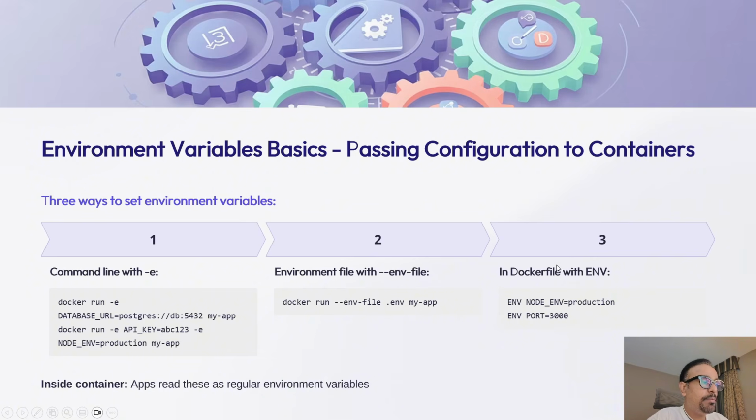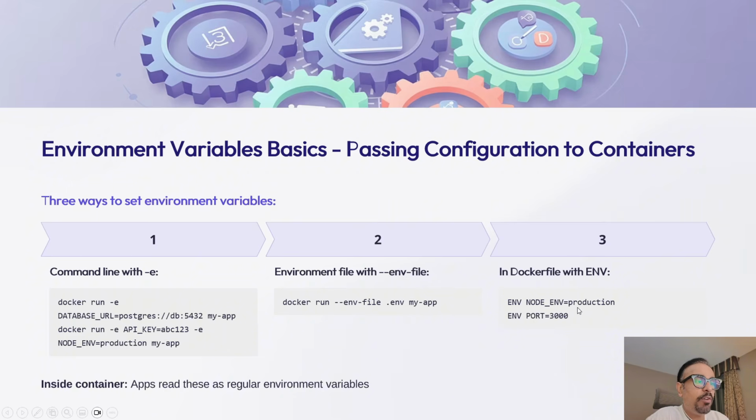Third, you can set default variables in your Dockerfile using the ENV instruction, like the variable name and the value. But this becomes part of the image and the containers created from that image. This is good for non-sensitive default variable pairs only. For example, when you're defining port, this is non-sensitive.